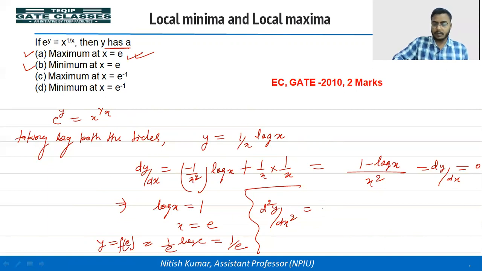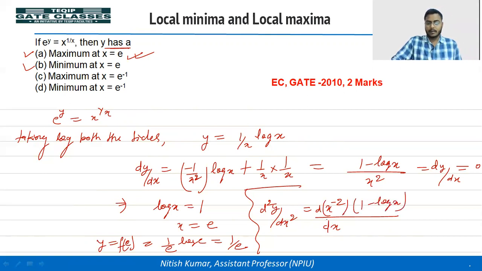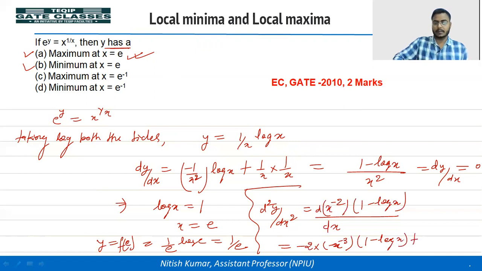Okay, so we can differentiate. So what we are getting, x square to the power minus 2 into 1 minus log x. Okay, so we have to differentiate it. So we can write minus 2 into x to the power minus 3, into 1 minus log x, plus x square to the power minus 2 into 0 minus 1 by x.